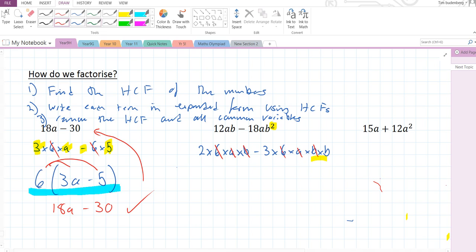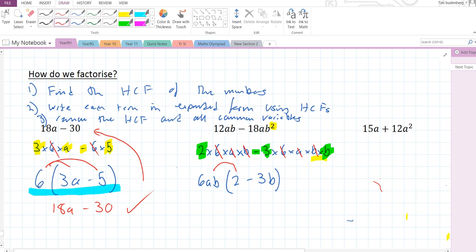Whatever we remove goes outside the brackets. 6ab goes outside, and then whatever's left goes inside. So there's a 2 left, there's a minus, there's a 3, and there's a b: 2 minus 3b. Now we can check by expanding out. That would normally be our answer, but it's a really good idea to expand.